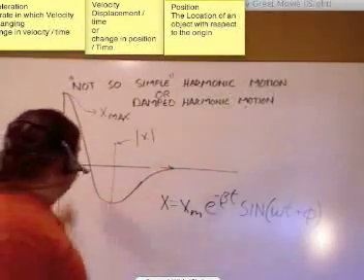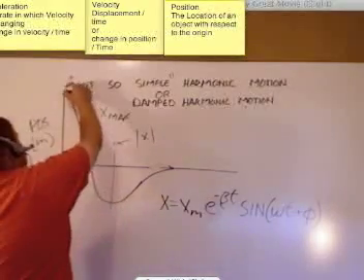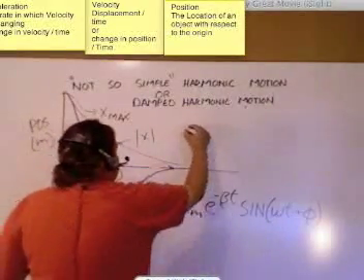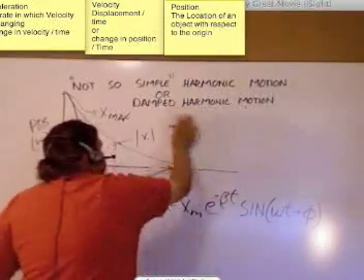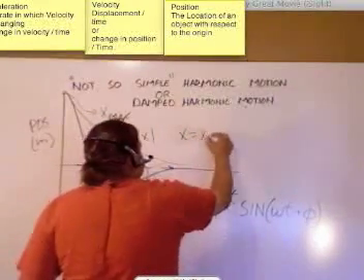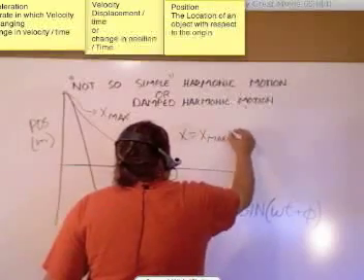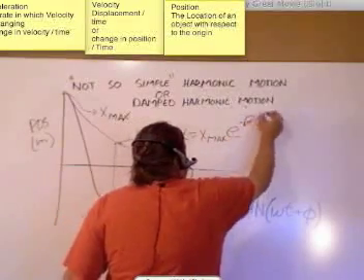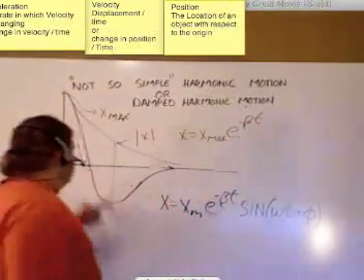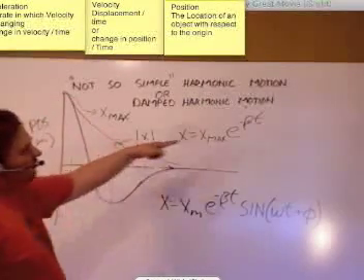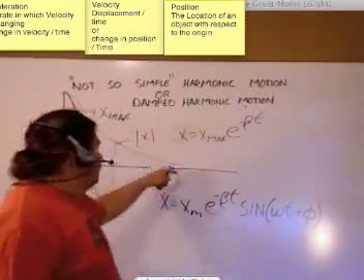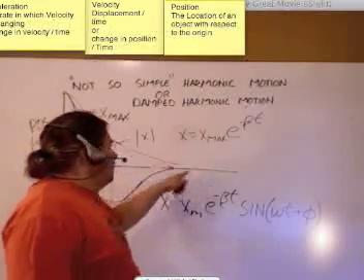So you're just going to shift it over there, and then you can describe that motion by x equals x max e to the negative beta t. You know your time, you know your x max, you know this x. Solve. Or if you must, make this value 0 and see what it takes.